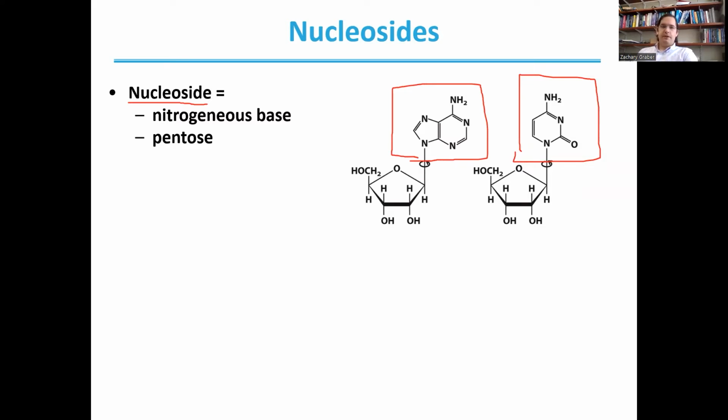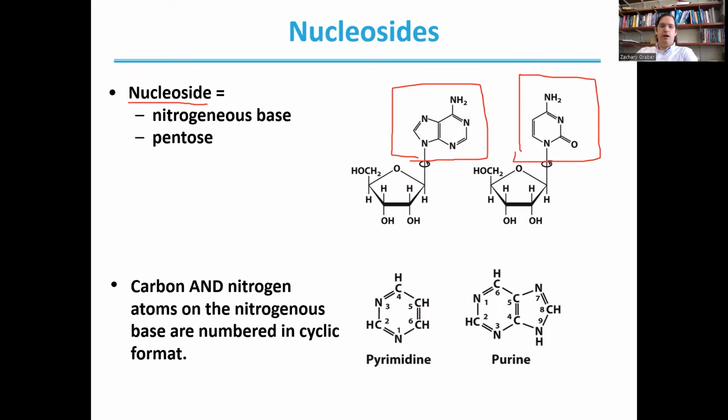The common bases that are attached to our sugar are pyrimidine bases and purine bases based on the structure of the ring that's attached. Right? So notice we have a purine base here with that double ring structure and a pyrimidine base over here with that single ring structure.